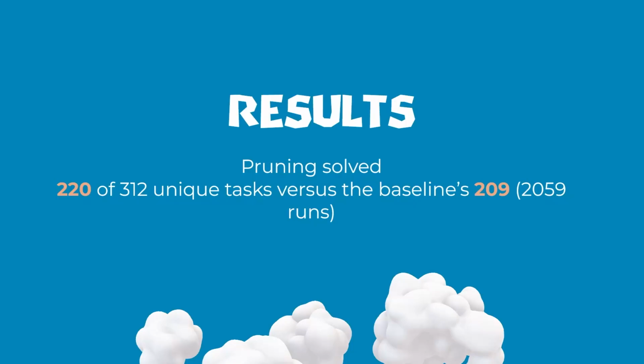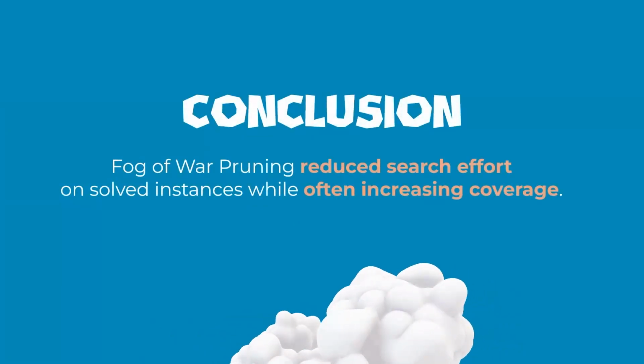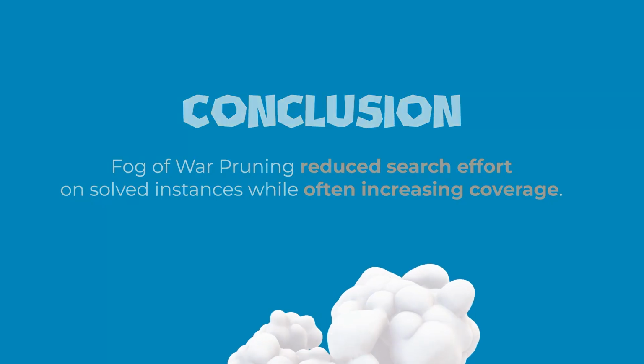Cumulatively, pruning solved 220 of 312 unique tasks versus the baseline's 209. In many cases, with Fog of War pruning, the search visited fewer nodes in less time while often solving more unique problems.